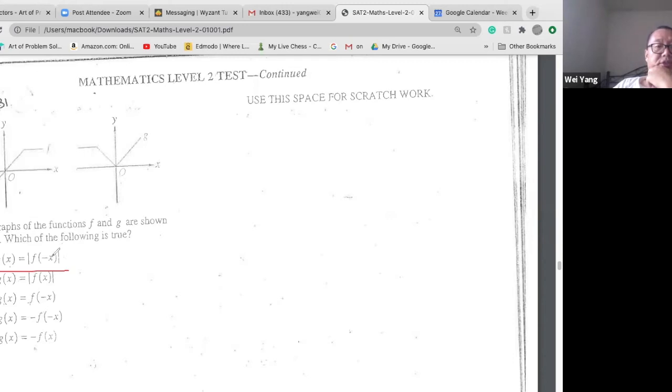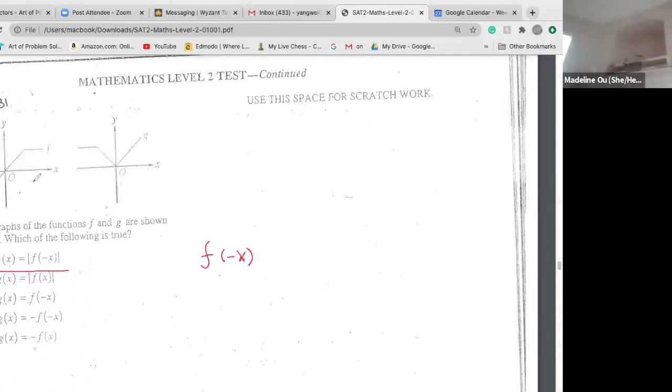Now let's see, f of negative x, f of x is this, then f of negative x.